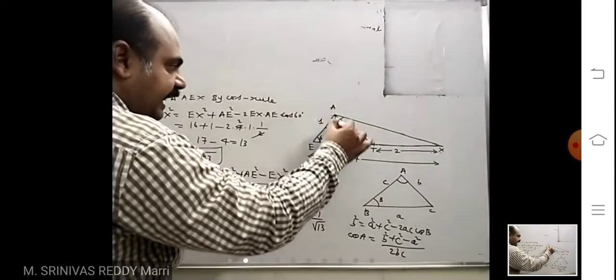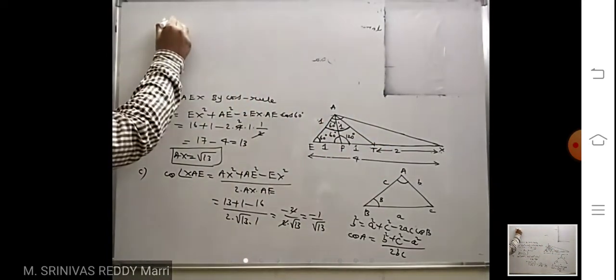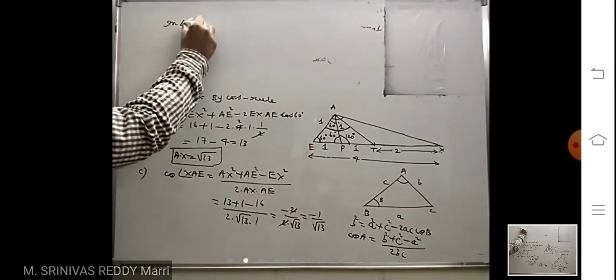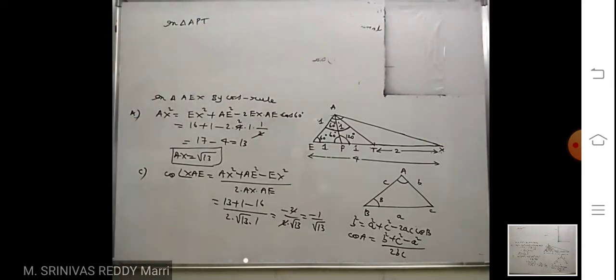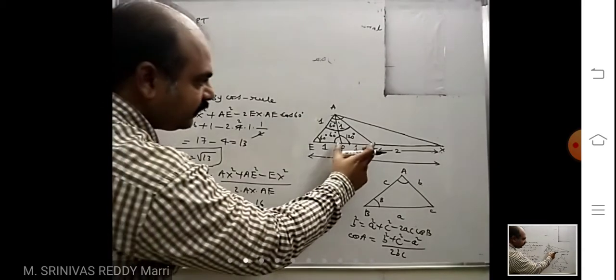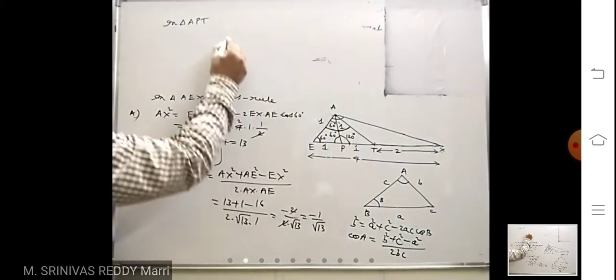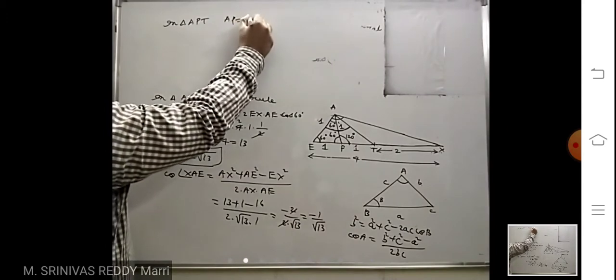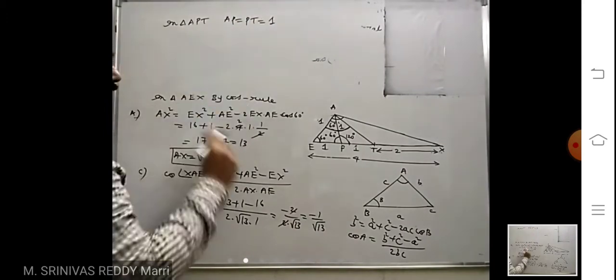You observe the triangle APT. In triangle APT, PT is 1, AP is 1. AP equals PT equals 1.